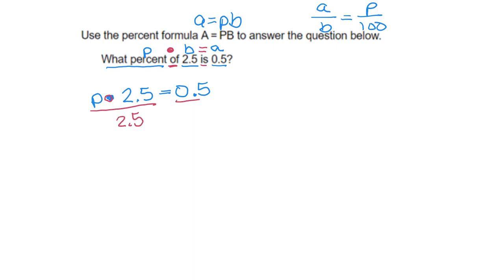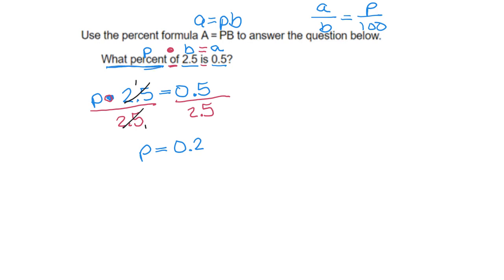What I do to one side of my equation to keep it equal, do the same operation on the opposite side. So the 2 5/10 will divide out, leaving you 1, and 1 times P is just P. And on the right-hand side, if you do your division, you should get 2/10 for your answer. Now remember, this is a percent.